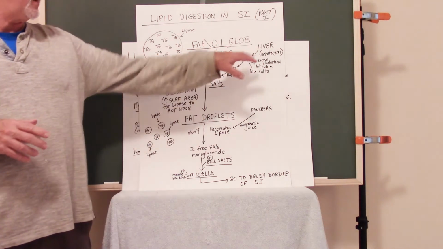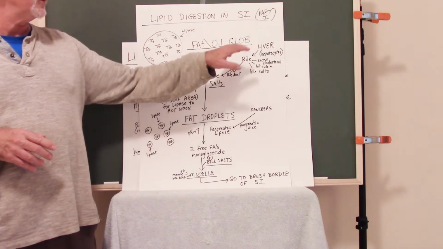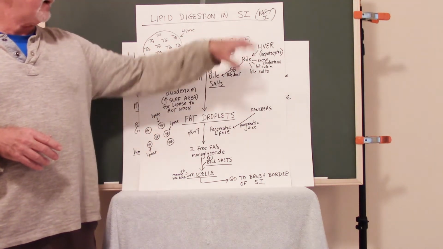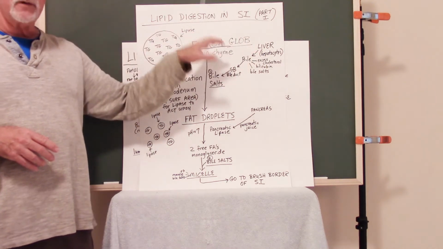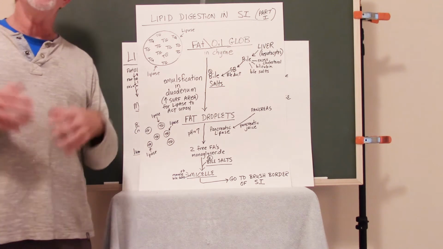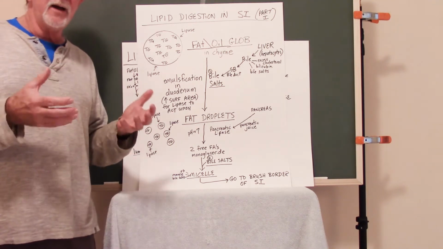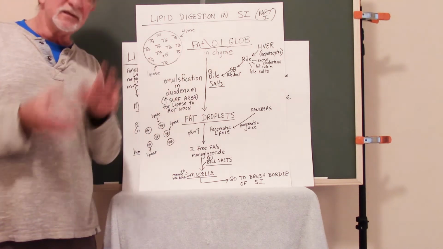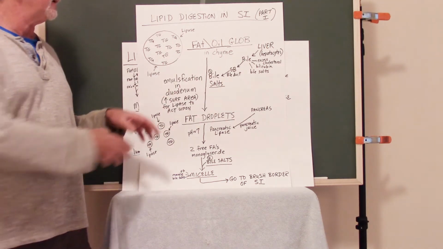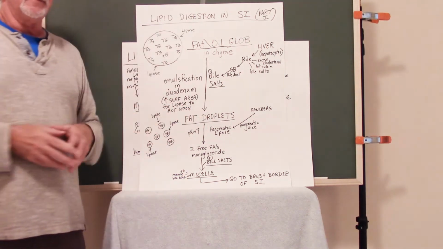So anyway, these bile salts are secreted with a solution called bile that travels from the liver ultimately to the gallbladder, where the bile is stored between meals. And then when you eat a meal, the bile in the gallbladder goes down the cystic duct and then down the bile duct into the small intestine.